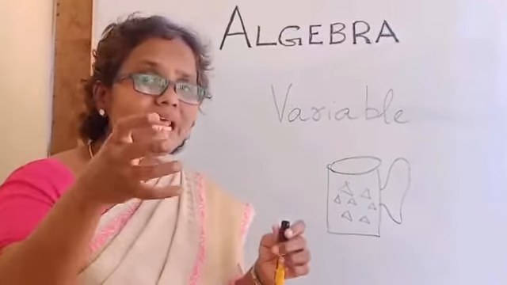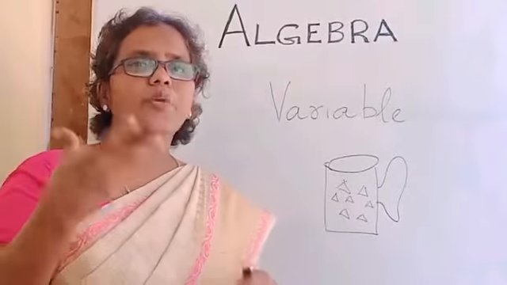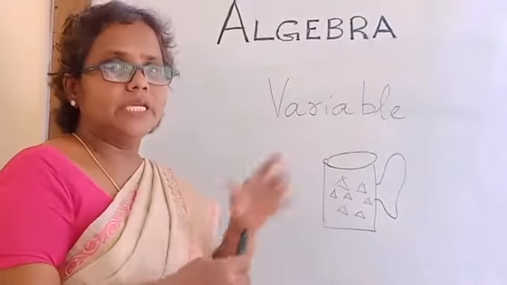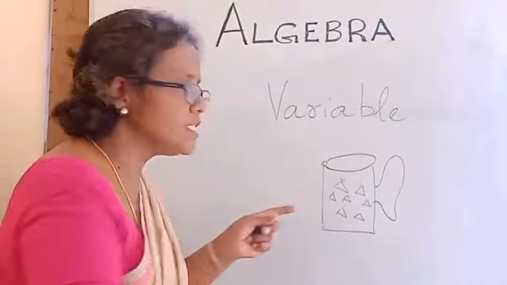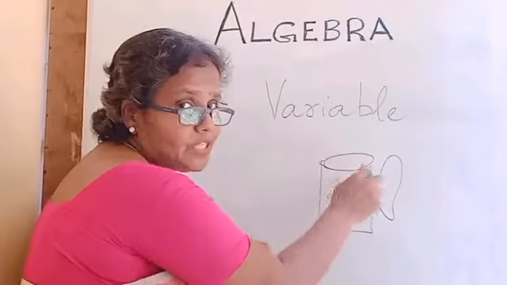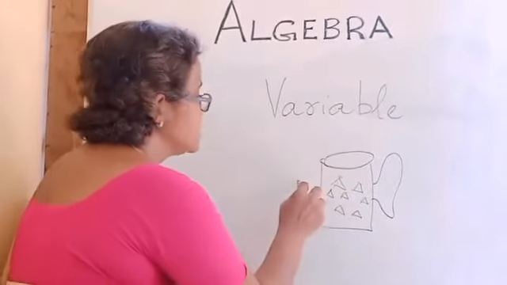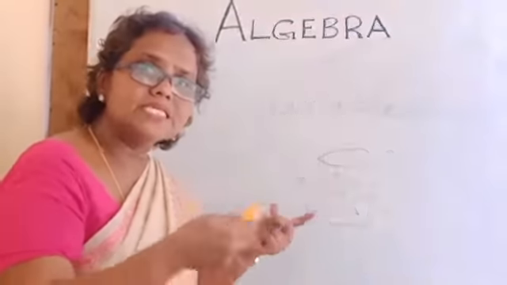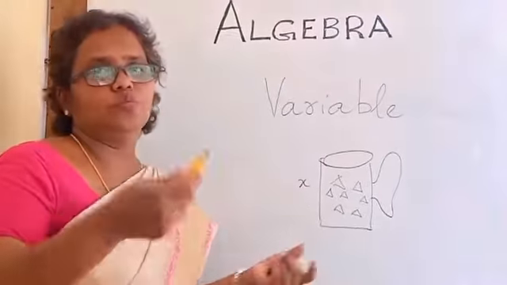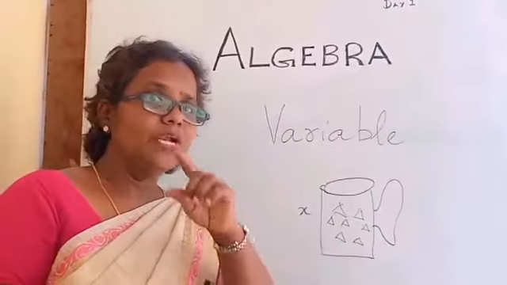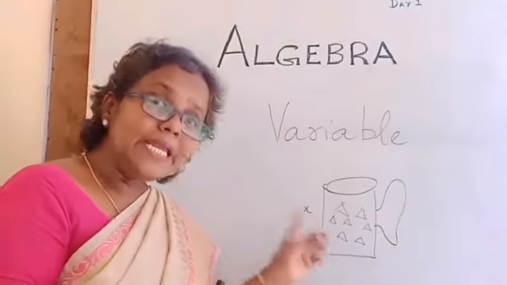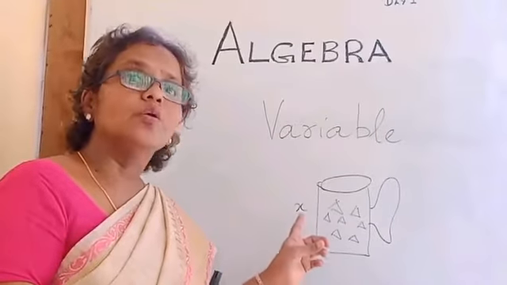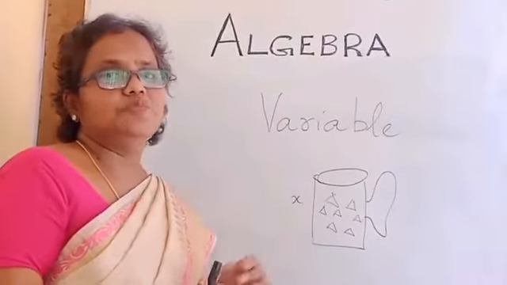So we are going to use those 26 alphabets to name the containers. I can name this container X, or I can name it A, B or Y or so. So now you understand that containers are called variables in algebra.